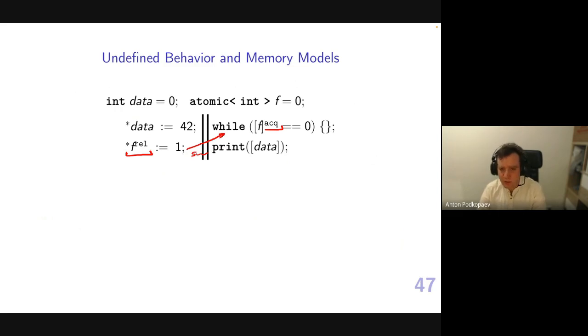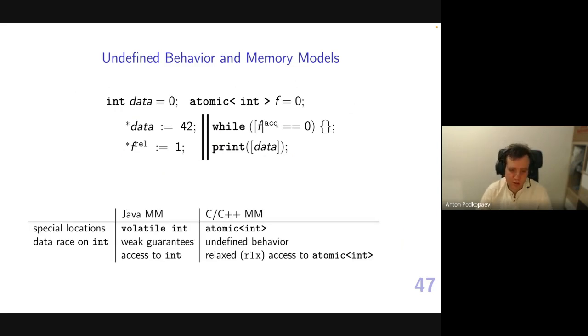Here I wrote the synchronizes-with edge. And this would mean that the only possible outcome here would be to print 42. And there will be no data race, which leads to undefined behavior in C++.